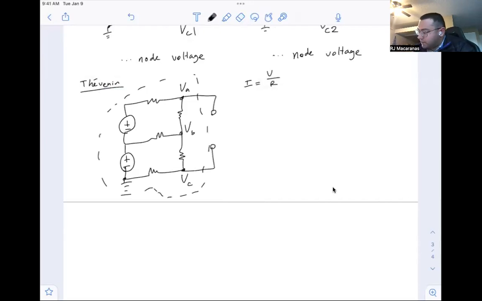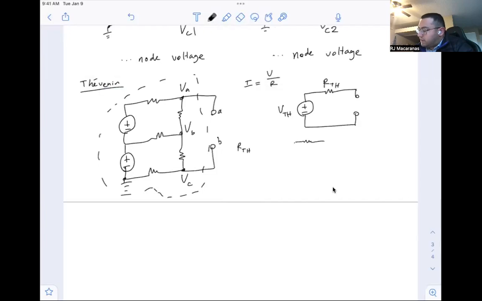So the first thing that we want to do is put it into some V Thevenin in series with R Thevenin, the Thevenin resistance and Thevenin voltage. And it's again across this load here, so we call that A and B. And R Thevenin is the equivalent resistance seen by the load by deactivating all the sources.